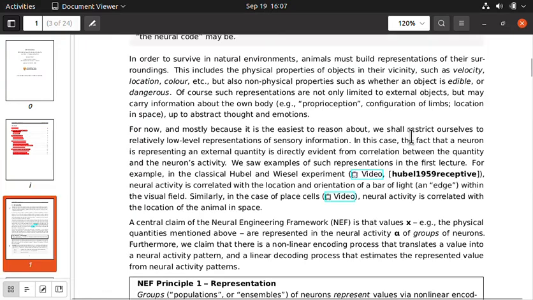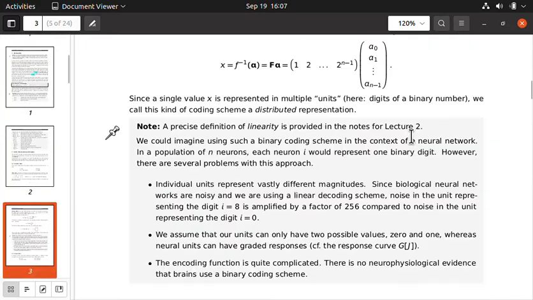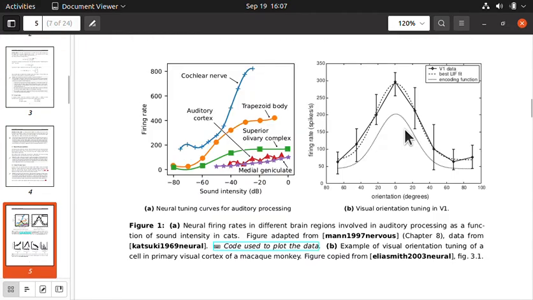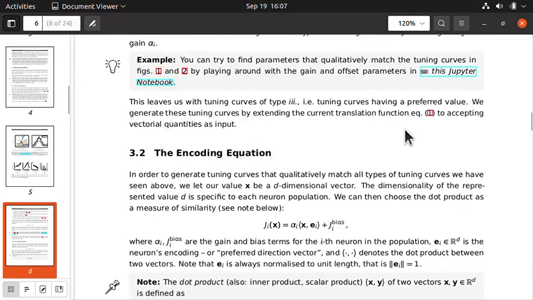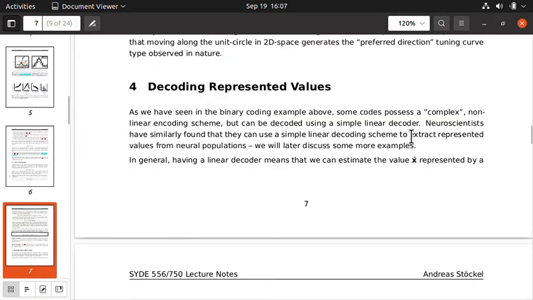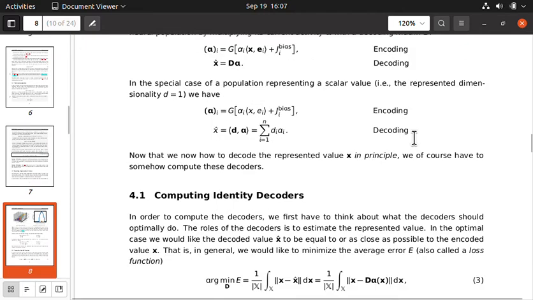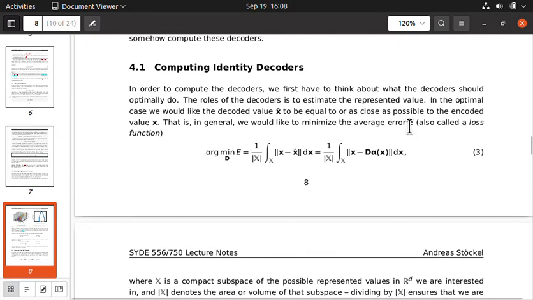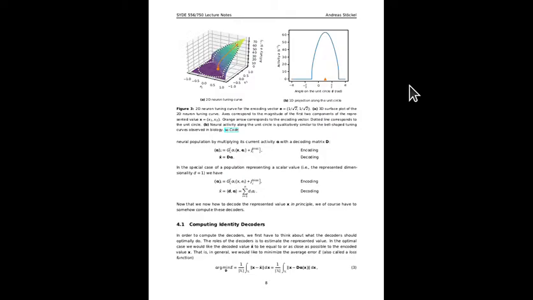So I'm just going to use his notes. I'm just going to cut down to where we start getting into this decoder, decoding values, where he starts getting into this section.